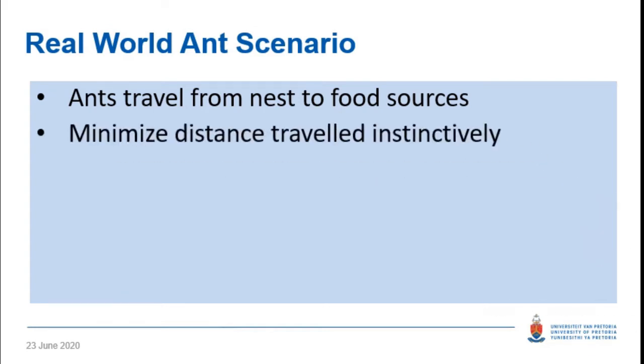And it's very interesting that intuitively they will try and find the smallest or the lowest distance path to get from the nest to the food and back to the nest again. So the aim is to minimize the distance traveled, but they do this instinctively. So you'll notice that if there's a path that's shorter, they get to the nest and back quicker. So the next set of ants will then use a shorter path rather than a longer path.